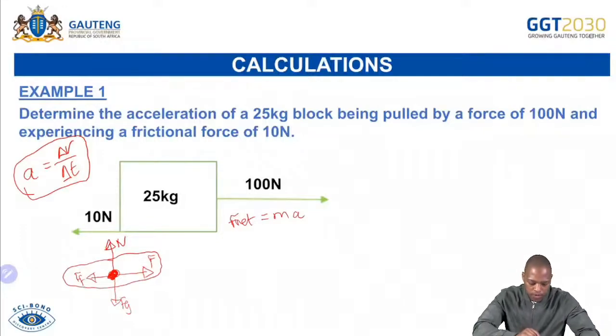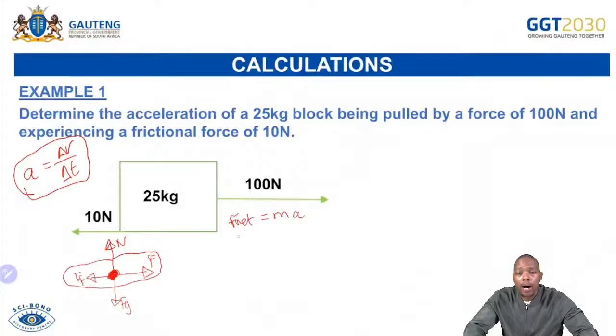So it's just a matter of me taking these forces and adding them up there, because we said F net means the sum of all the forces, adding them. Here's one important thing that I must remember when I'm adding these forces. These forces are vectors. They have magnitude and direction. So whenever I add them up there as my F net, I must always remember to indicate their direction.